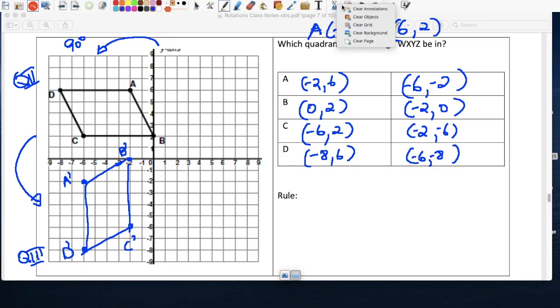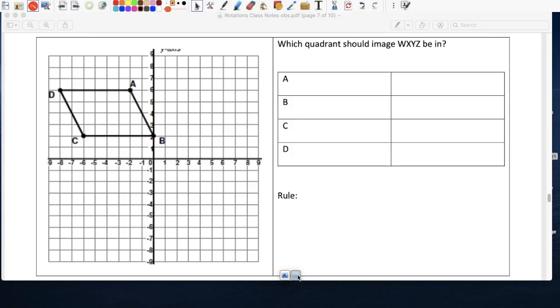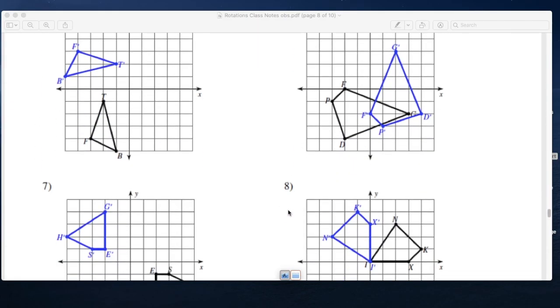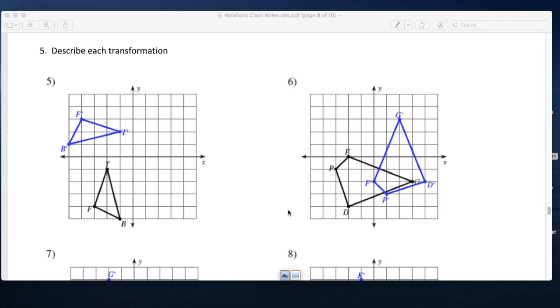And the next one is, oh, now we're describing each transformation. Didn't we just do this?